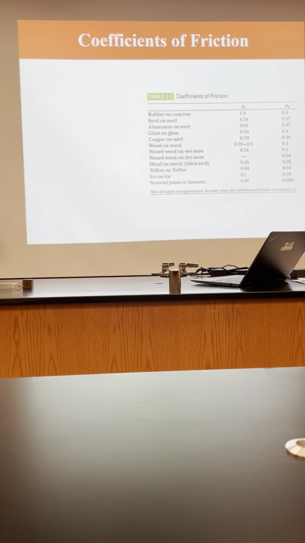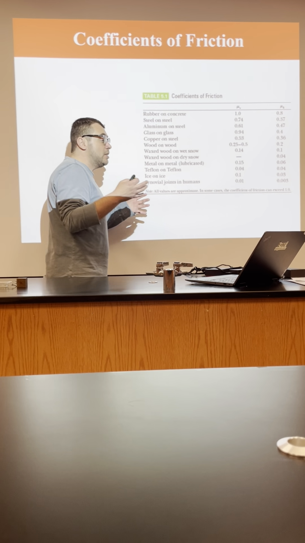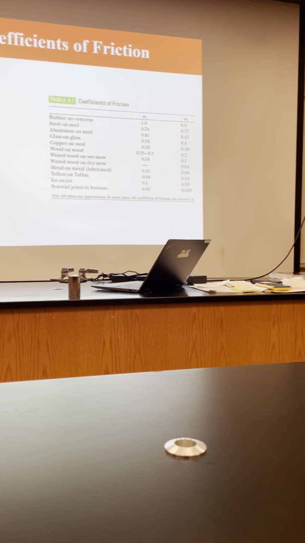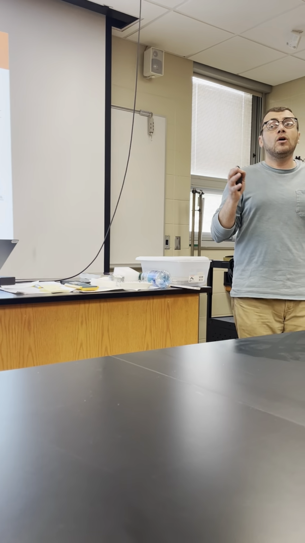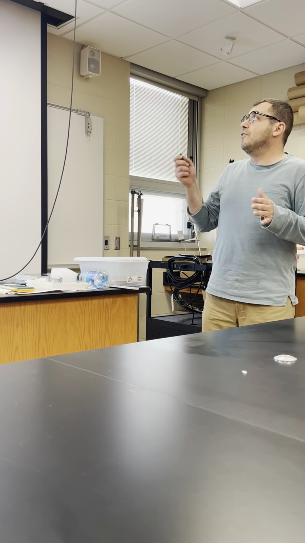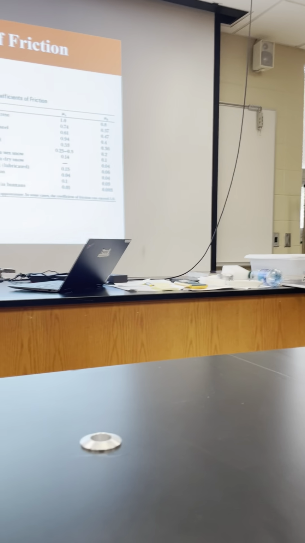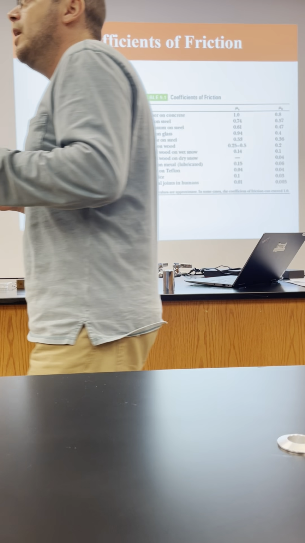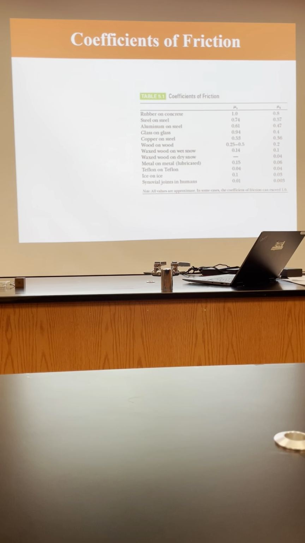Now, again, the friction force is the force generated due to the contact of the surfaces, so naturally it depends on the type of these surfaces. The following table, which by the way is provided in your book, illustrates some typical values for these coefficients of friction.